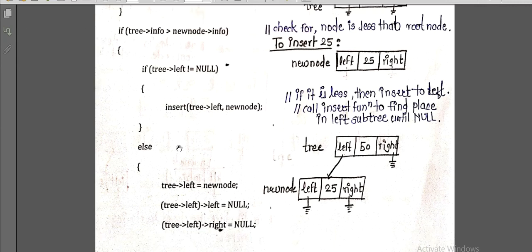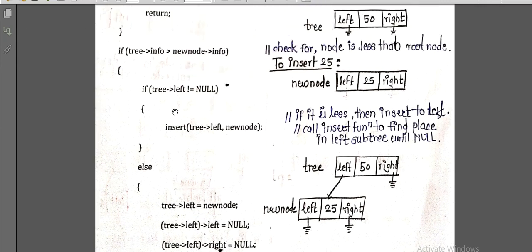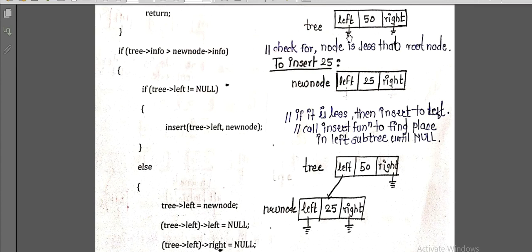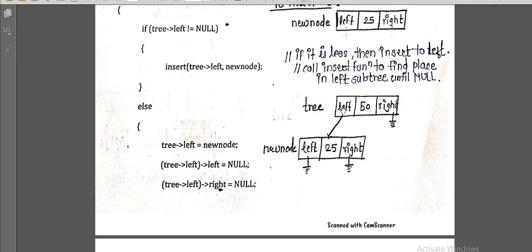But if it is not the case, it means the left of this tree node is null. Here the tree node is 50 and its left is null, right? So we can insert the 25 to the left of 50. You can see that the 25 is inserted to the left of 50 because the left of 50 is null, and the new node is inserted over here.